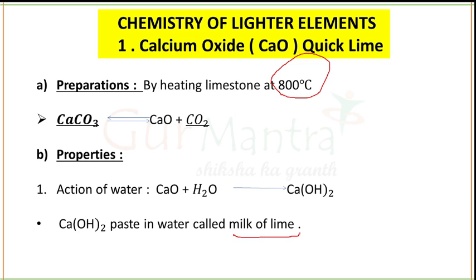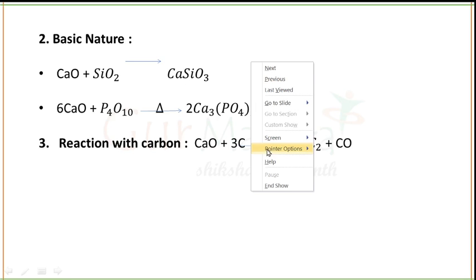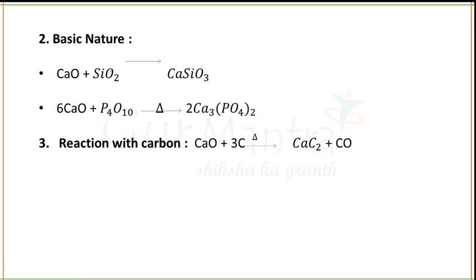This is also very important. You need to memorize all the terminologies taught in this video. Next is the basic nature. When you react calcium oxide with SiO2, you will get CaSiO3, and that shows the basic nature.